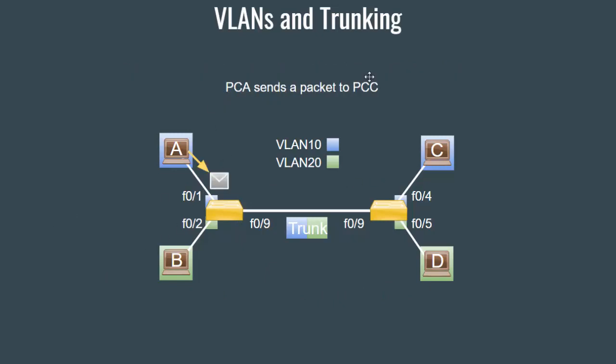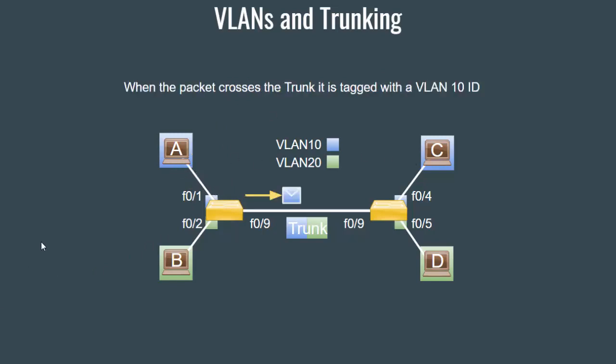So PC A sends a packet to PC C, there's the packet. It's trying to communicate from A to C. When the packet crosses the trunk right here, it is tagged with a VLAN 10 ID. So this switch will tag that packet with a VLAN 10 ID using the 802.1Q protocol.